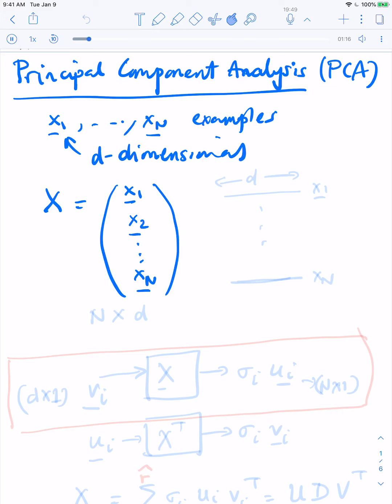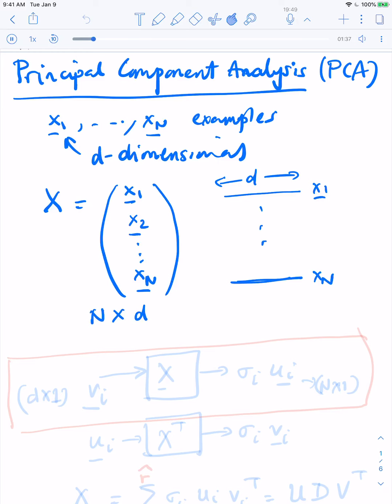So I have d features going this way for each data point, x1 through xn. So this is basically an n rows and d columns matrix, an n cross d matrix.